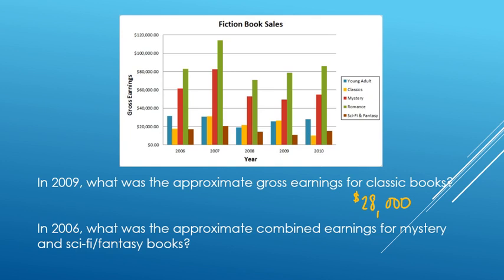So we're going to the year 2006. Mystery is in red, and sci-fi and fantasy is in brown. If I look at the red bar here, this is going just over 60,000. We could estimate, say, 61,000, 62,000. We'll go 62,000.